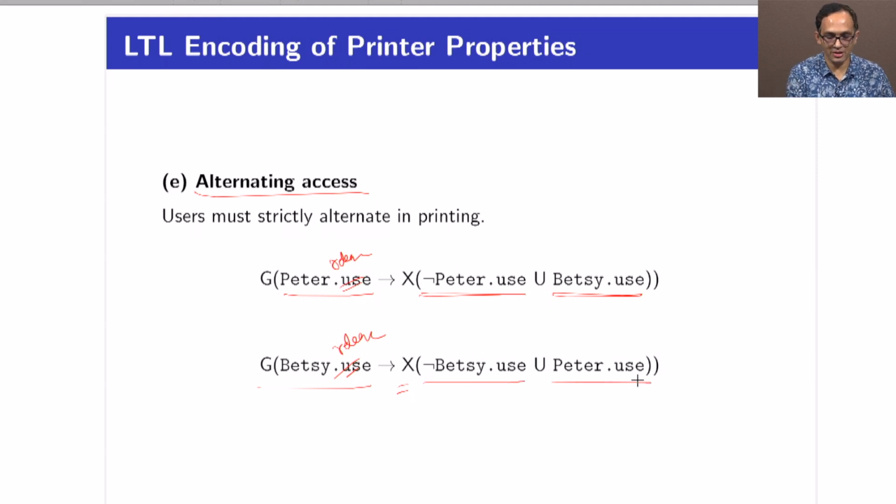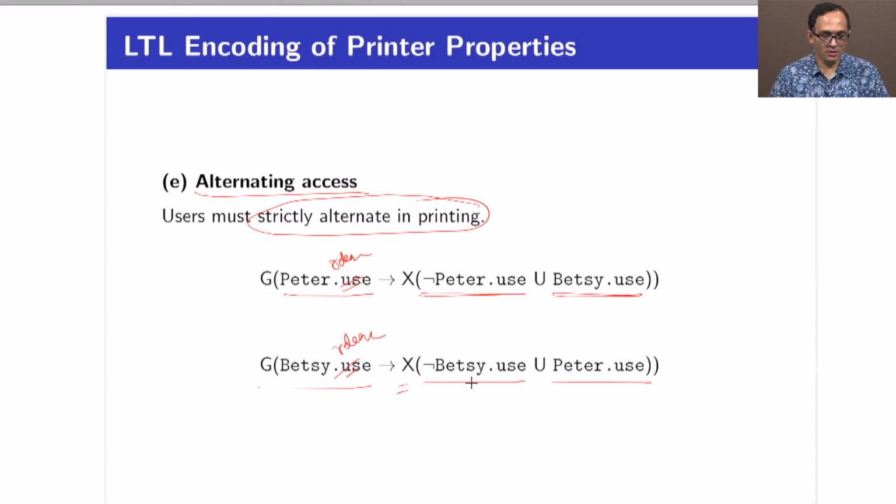Okay, so this is basically an alternate way, right? So if Peter releases, Betsy will use, and then only Peter can use, and if Betsy releases it, that means Betsy has used it. Now Peter will get the chance to print, and then only Betsy will get it again, right? So this is a little bit tricky, but this actually takes your alternate access pattern.